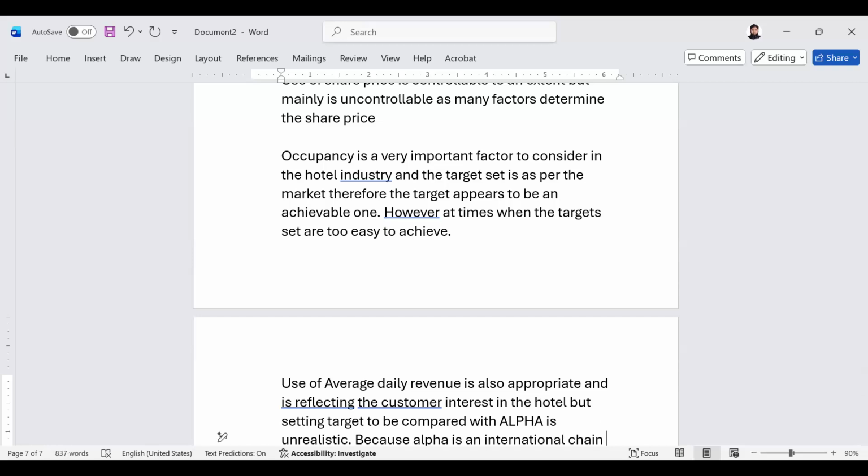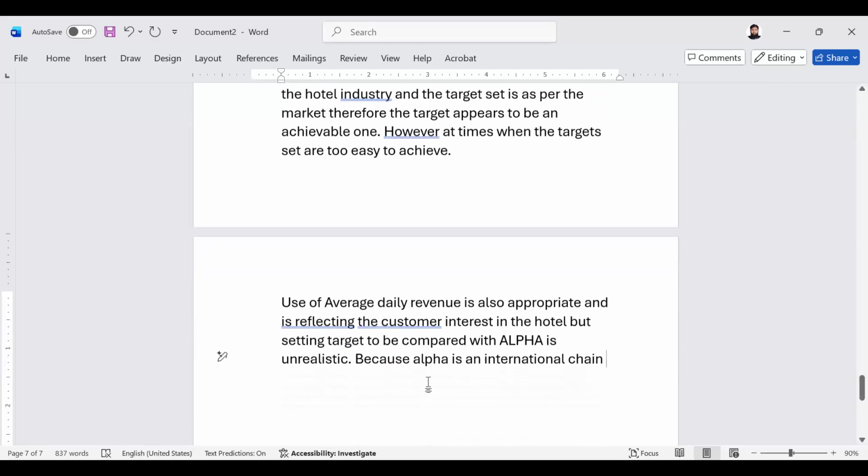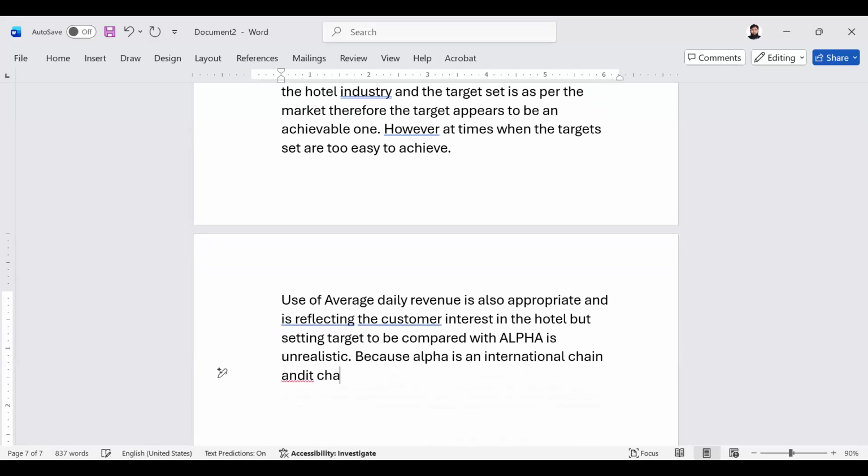Alpha is an international chain and it charges a certain premium.